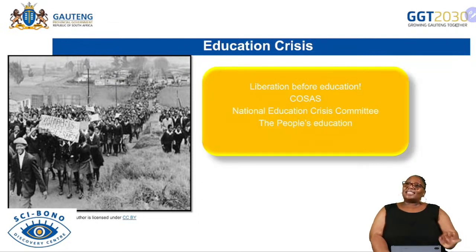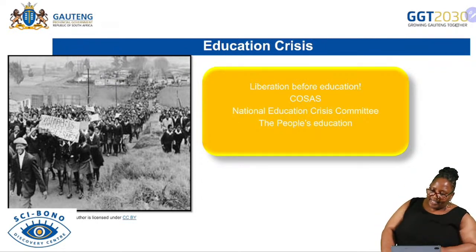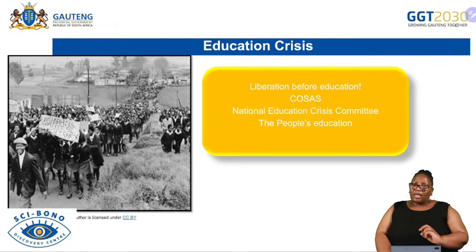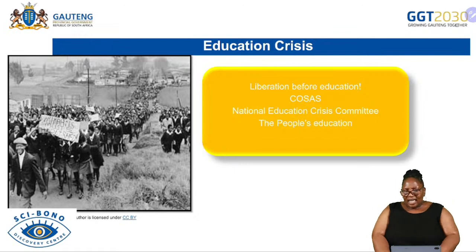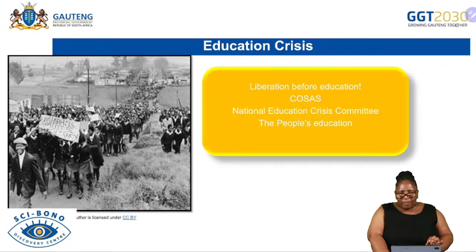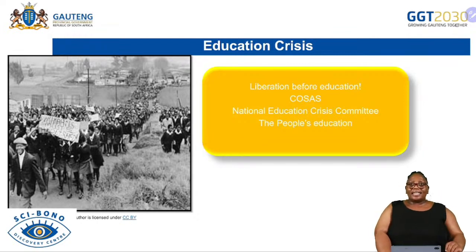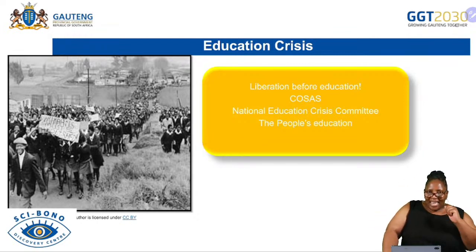During this era, there was an education crisis because, remember, people were rioting, there were mass protests, and the young people started fighting, saying liberation before education. We have COSAS that spearheaded the massive protests against what the black people were going through.